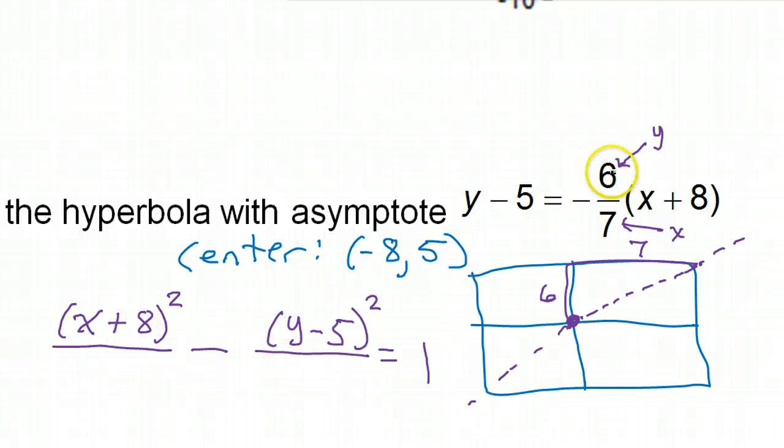But we know that the 6 is a y, so it needs to go with the y's. Of course, this is like an a or a b, and here we need a squared or b squared, so this would be 36, but remember, this is rise over run, so this number is always going to be a y value, so it goes with the y's. The 7 is an x, so it goes with the x's. So this is going to be 49.